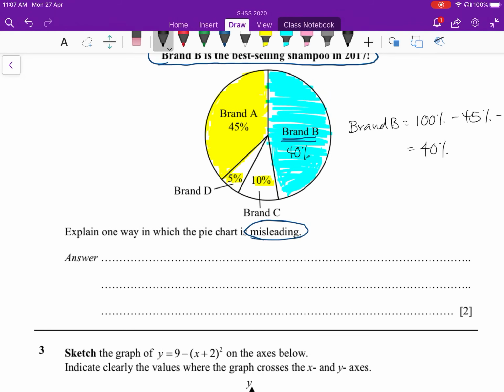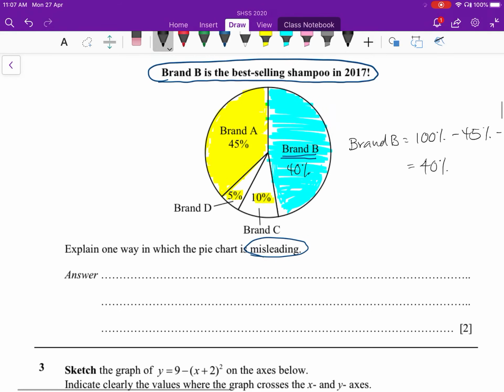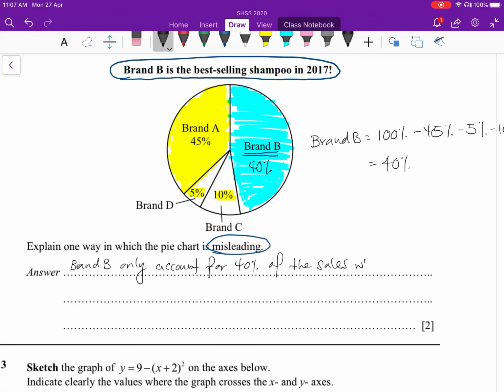You must say brand B only accounts for 40% of the sales, while brand A accounts for 45% of the sales.